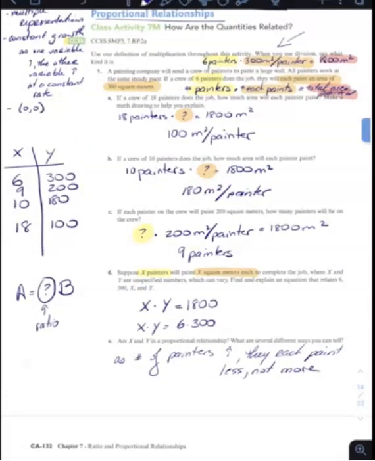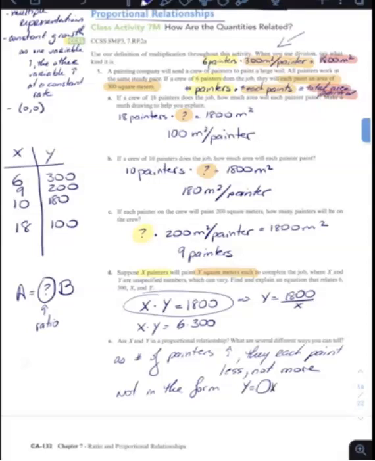So does this equation look like Y equals ratio times X? Well, we could solve it for Y. 1800 over X does not look like some kind of ratio times X. It actually has a division. So not in the form y equals something times x.